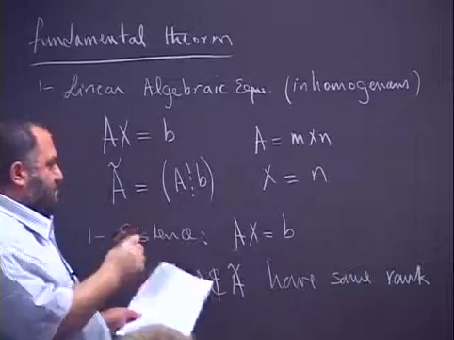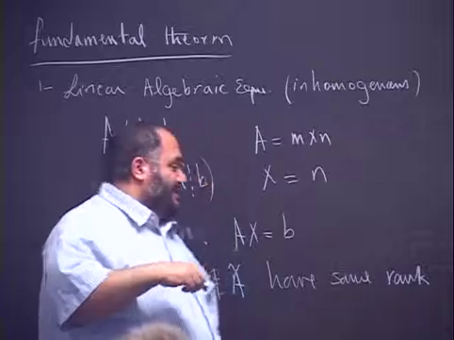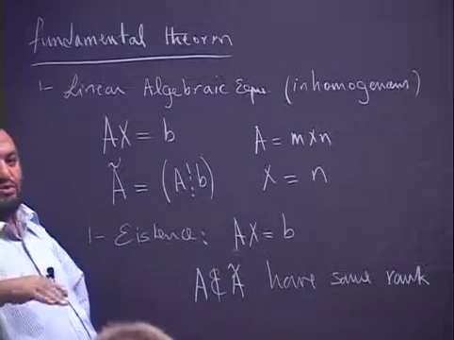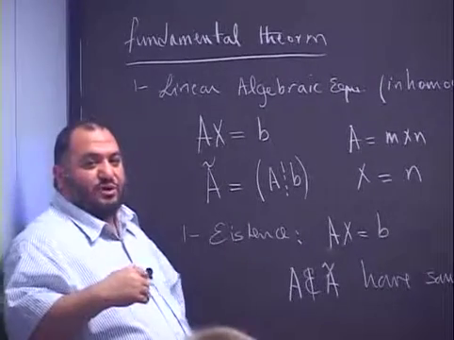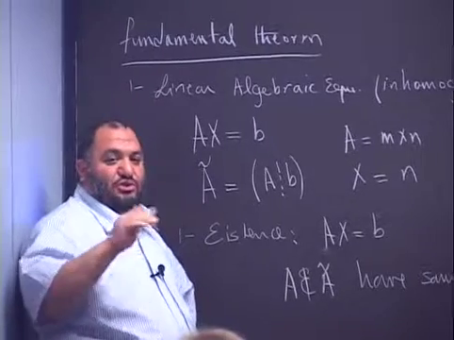Last time we showed an example where matrix A has rank 2, because although it has 3 rows, 2 of them added together give you the third one.